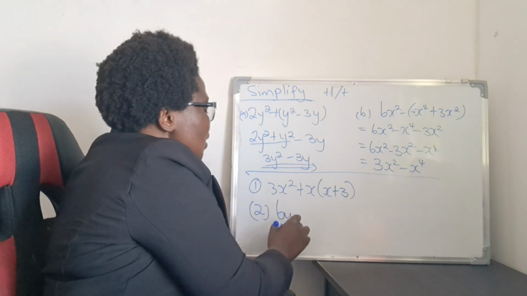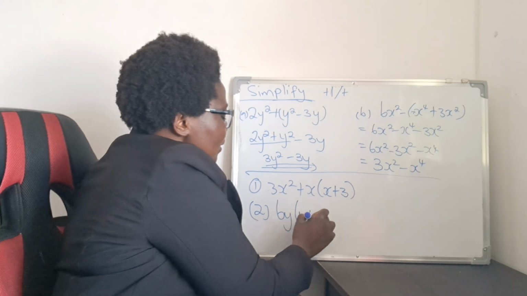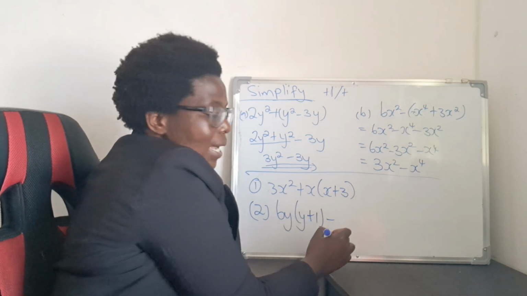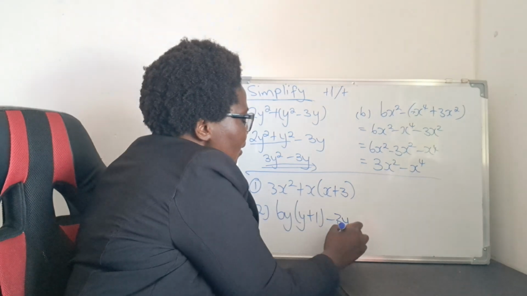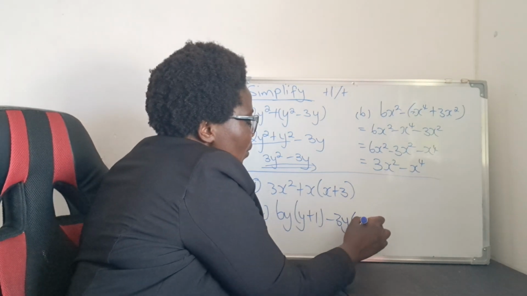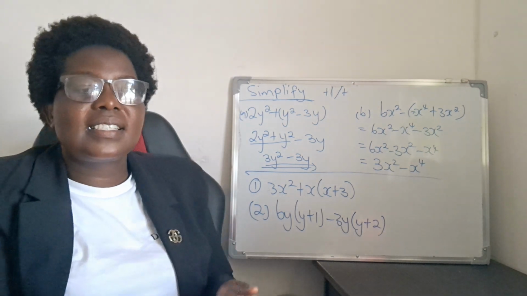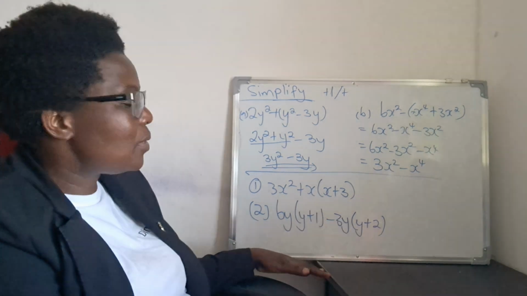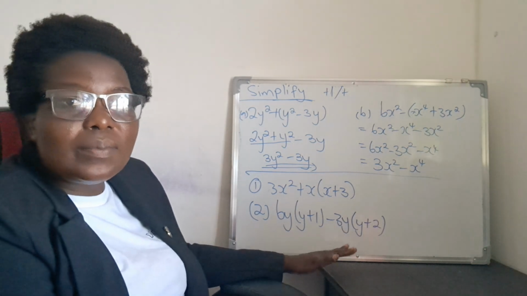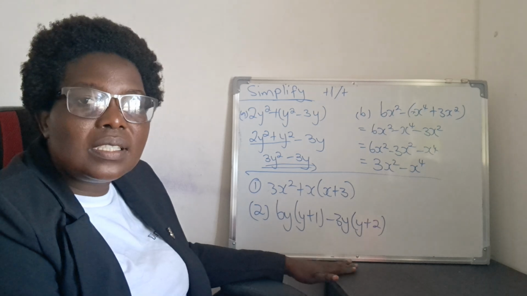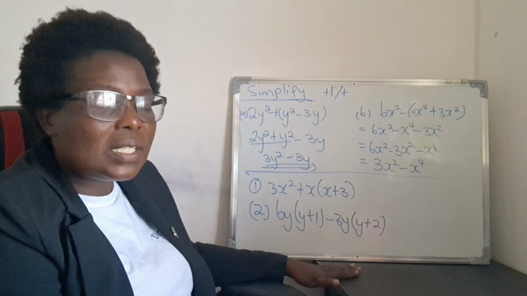So it's going to be 6y open bracket, that's your y, plus 1, and also minus 3y, y plus 2. So let's see if you can simplify these terms as far as possible, and make sure you don't leave your answer in brackets.